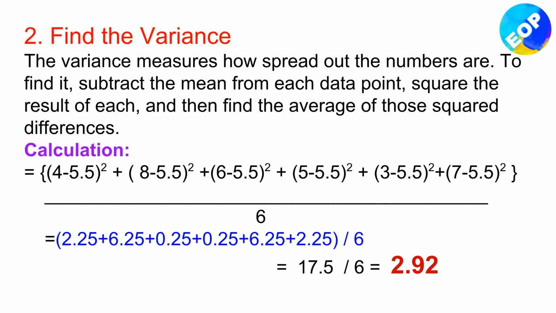2. Find the variance. The variance measures how spread out the numbers are. To find it, subtract the mean from each data point, square the result of each, and then find the average of those squared differences.